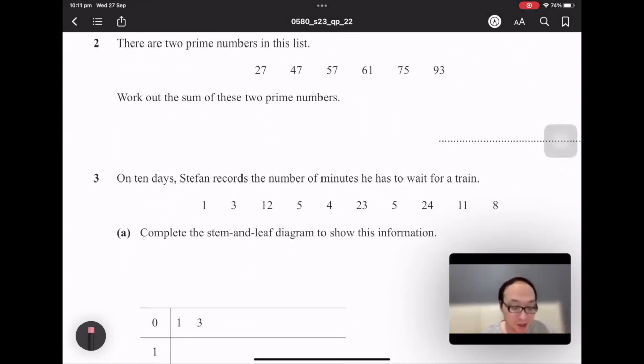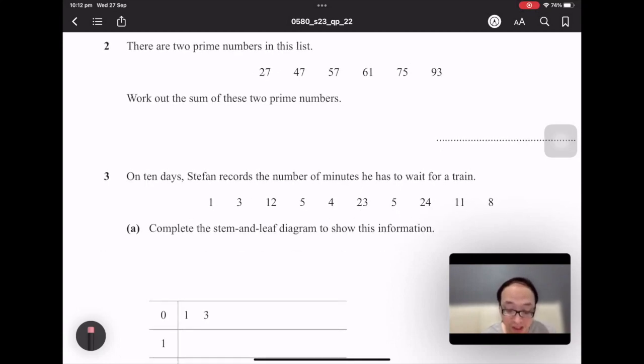Question 2. There are two prime numbers in this list. Work out the sum of these two prime numbers. We know that prime numbers are numbers that are divisible only by 1 and itself. 27 is divisible by 3, so it is not a prime number. 57 is also divisible by 3, and 75 and 93 are divisible by 3 also.